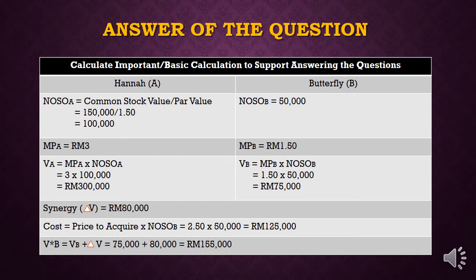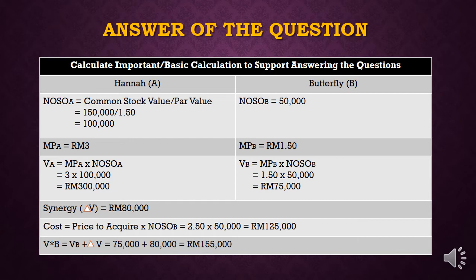The basic calculation is the calculation commonly used in this chapter. When you calculate the basic calculation first, it is easier for you to answer the other questions. First, we should calculate NOSO for A company, since the number of shares for A company is not given directly in the question.